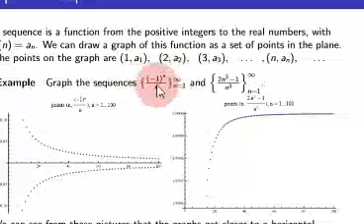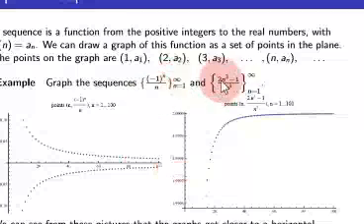But look at the denominator, n. As n tends to infinity, the denominator becomes bigger and bigger, so the number becomes smaller and smaller. That means the sequence approaches 0. This sequence converges to 0 as n tends to infinity.